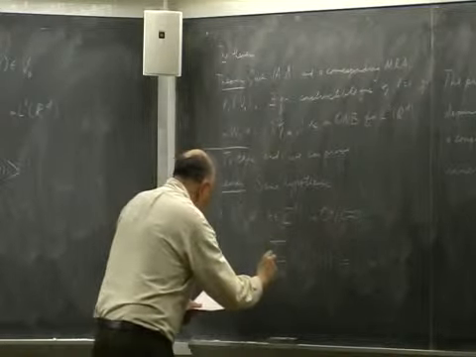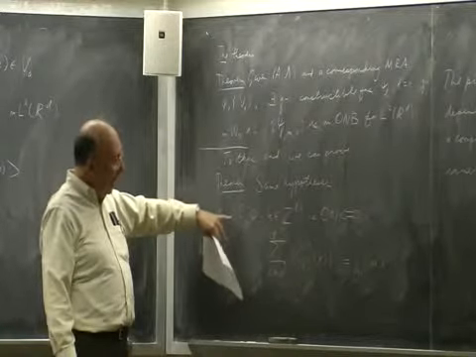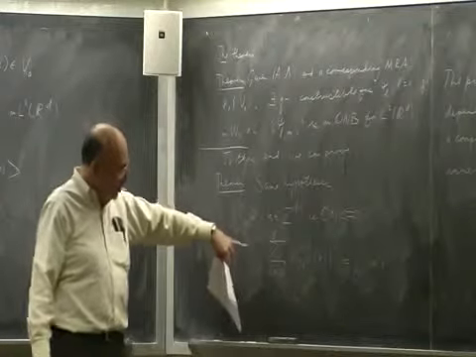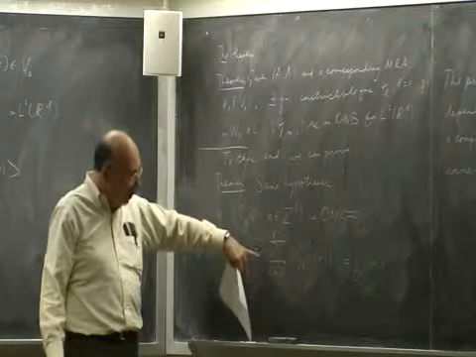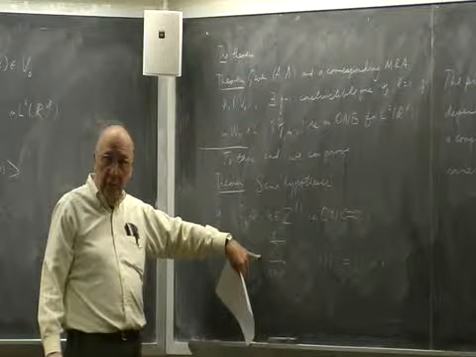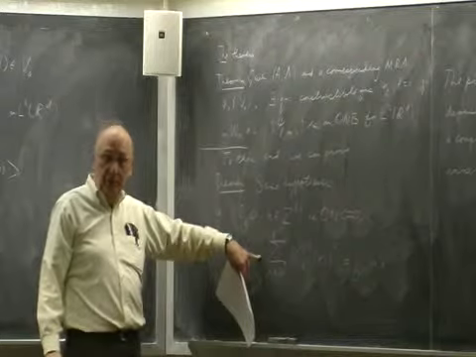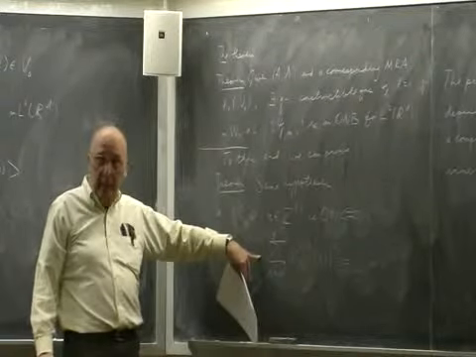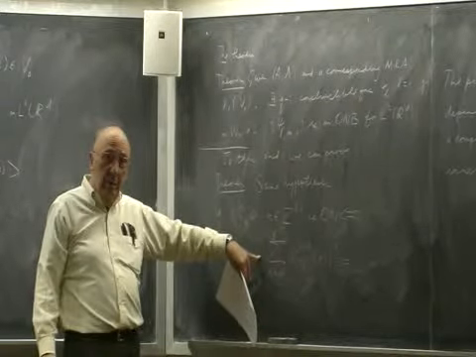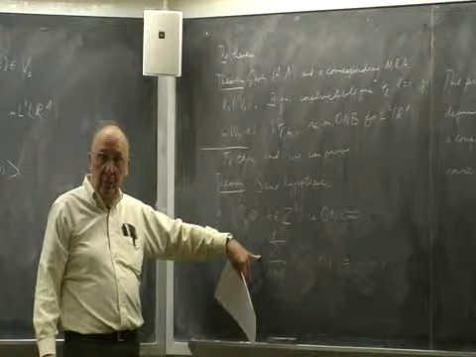Now, since we know we're in an MRA, we know that this condition holds. So this is an alternative way of characterizing orthonormality. Okay? Now remember, this is essentially equivalent to the way we had of doing orthonormality.